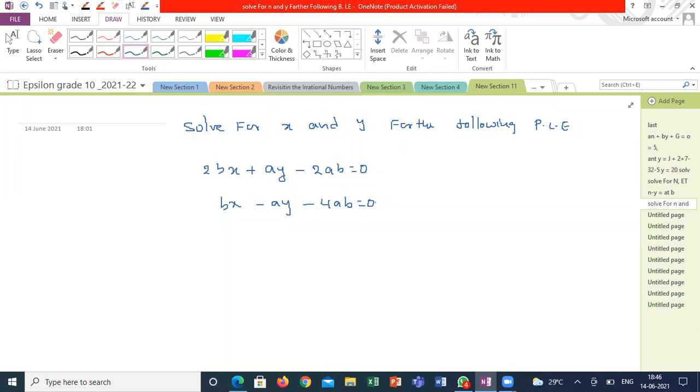How minus a, man? So sorry, sir. I thought b2, sir. Yeah. Plus a, sir. c1 is? So c1 is minus 2ab. Yeah. So a2 is b. Yes, sir. a2 is b. b2 is minus a. Minus a. c2 is minus 4ab. So calculate a1 by a2 and b1 by b2 and find out what kind of solution you will get from these equations. Yes, sir.